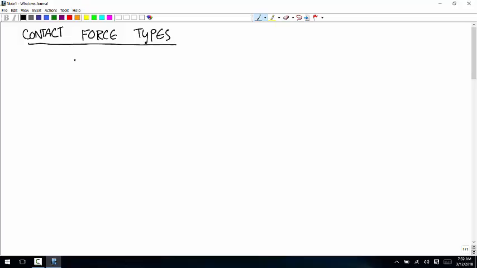But the contact force types are, someone give me one. First person who gives me one gets the easiest one. Good job. Pushing and pulling. Spraying? Oh, okay, yeah. Spraying is a subtype of pushing forces.